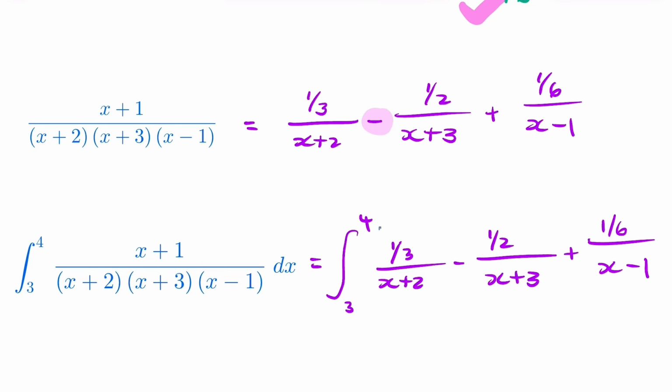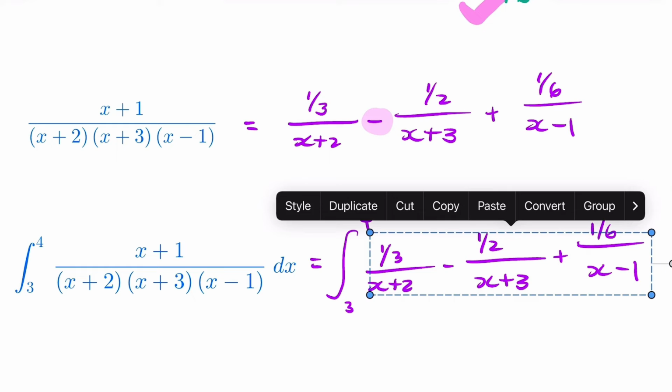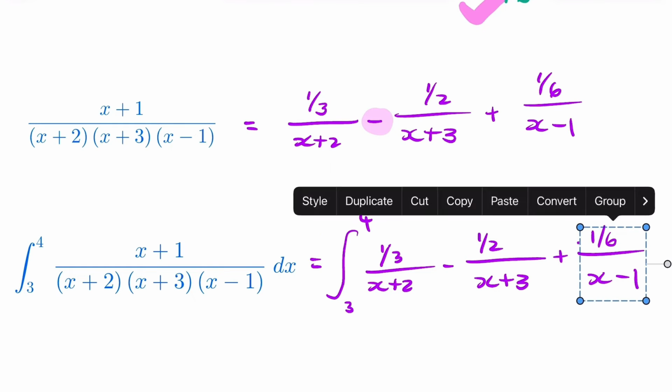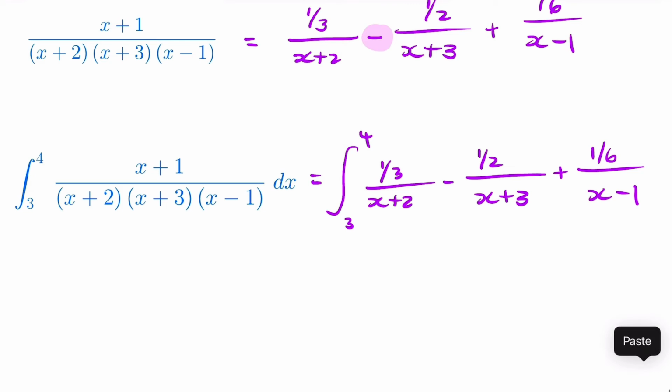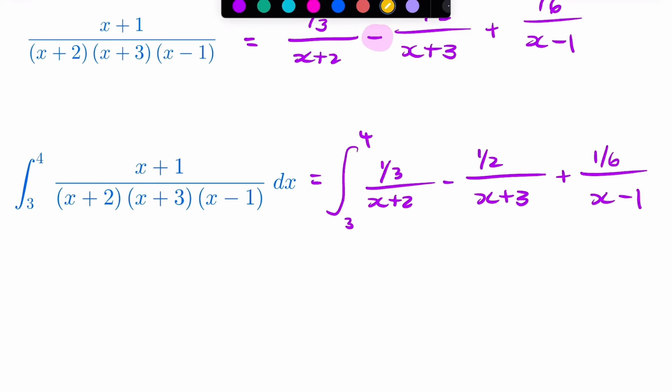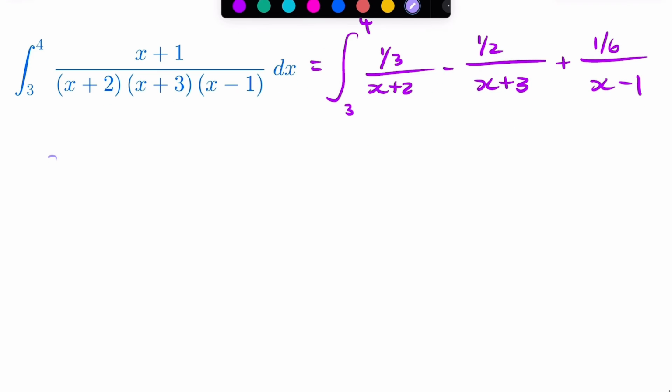So this is what I'm actually going to integrate, and it looks much easier now because basically you have three separate integrals, each of which we know how to integrate. Let me remind you that the integral of 1 over x dx is simply ln x plus c.